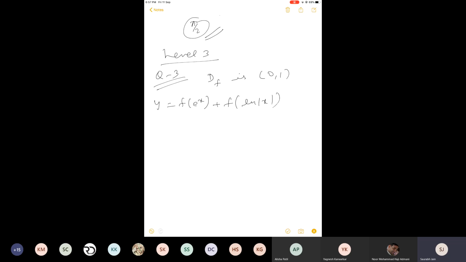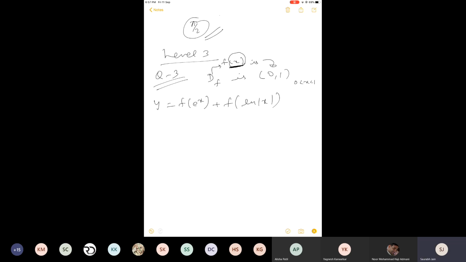See, this is the question. In question number 3, they have given that the domain of f(x) is 0 to 1. Domain means this thing, x, because f(x). So whatever you put in f must lie between 0 and 1. This is given in the question. Now if you look at the other expression, f of e to the power x plus f of ln mod x, these two are acting as x.